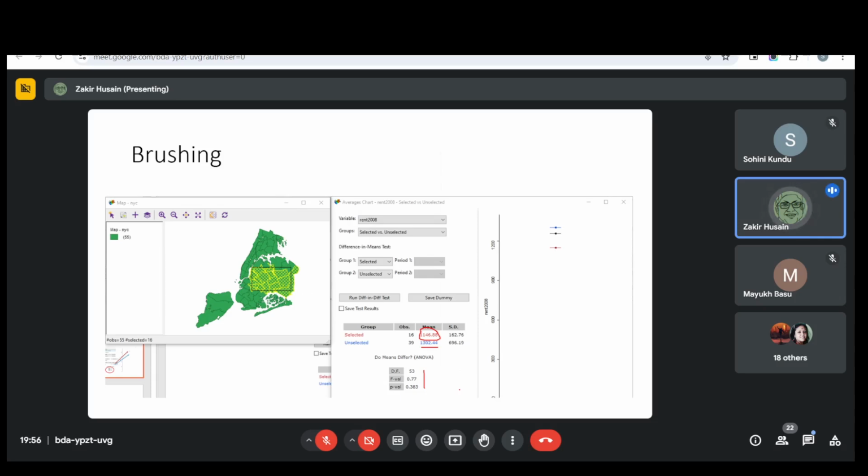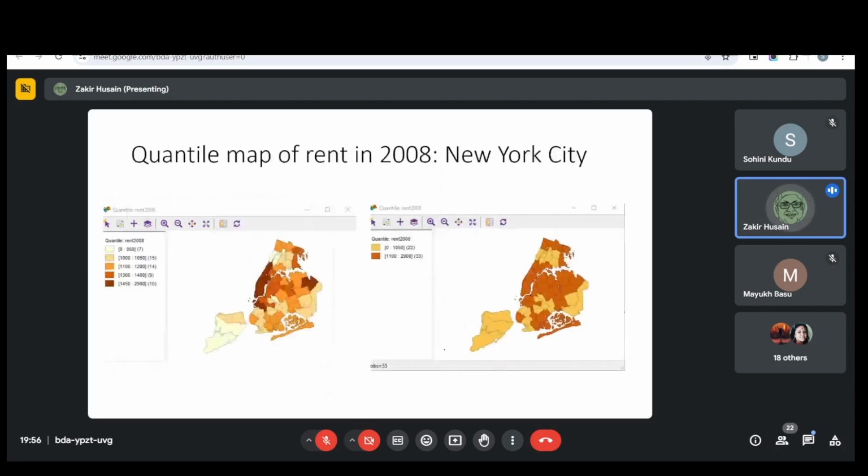Is the difference between the rent in the selected districts and the remaining districts statistically significant? No, sir. So over here we see an absence of statistical significance.